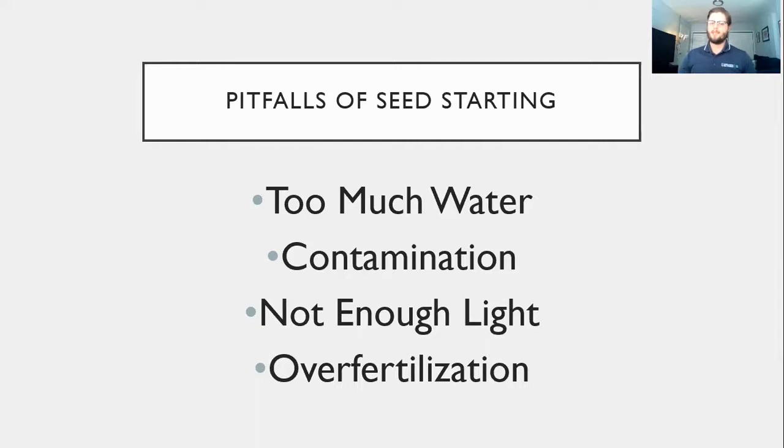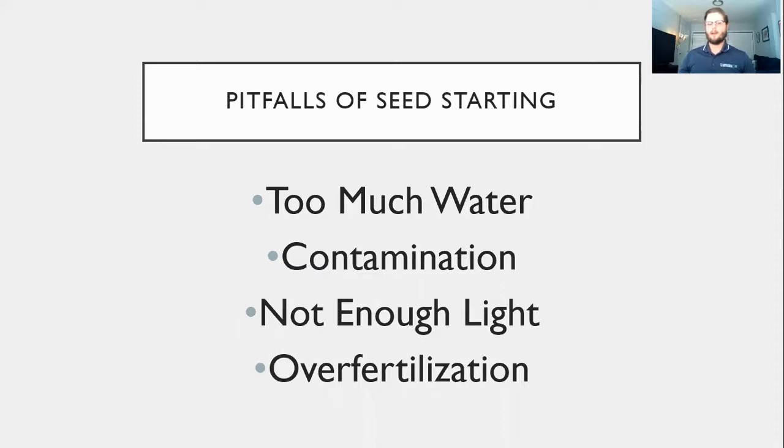Some of the other problems are contamination. We'll talk about that with our containers in just a little bit. Not enough light. I think this is, again, when maybe you want to take up seed starting, but you don't want to spend the money on grow lights or anything like that. So you hope you can just use something like a windowsill. You can use a windowsill, but as we'll talk about a little bit later, it's not necessarily ideal.